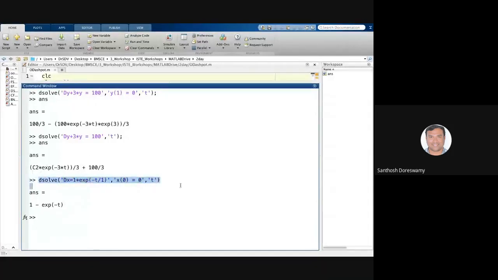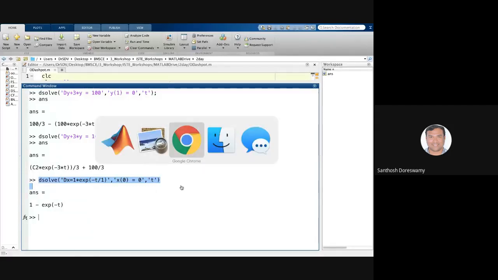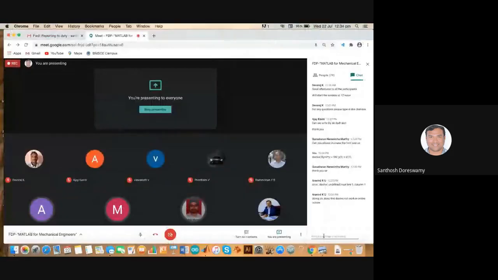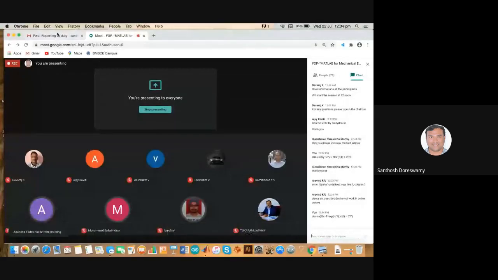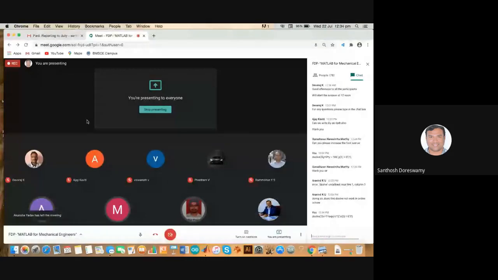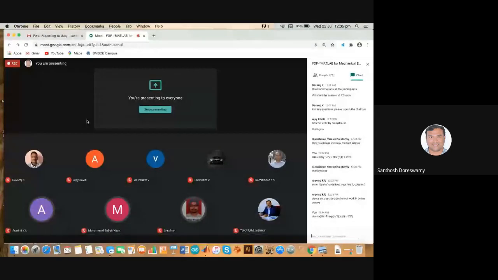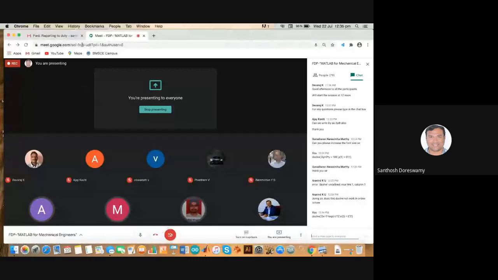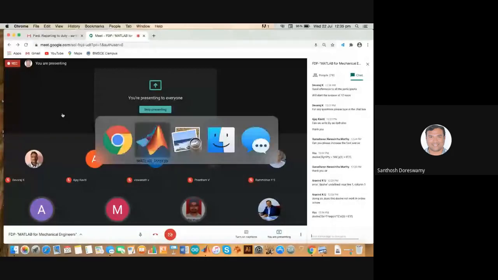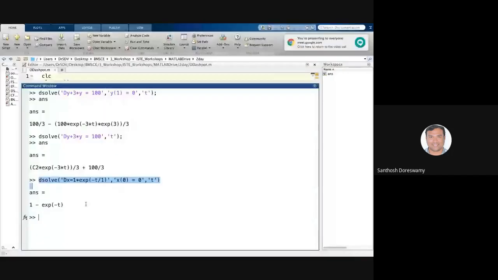So I will copy paste this and put it up in the chat. Okay, so there is a command that you can try to use to execute this in the command prompt to get the solution. So your solution is now 1 minus exp of minus t.